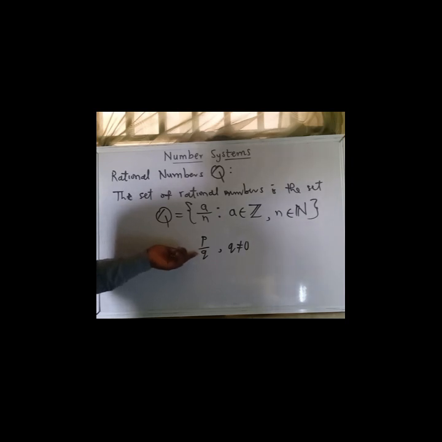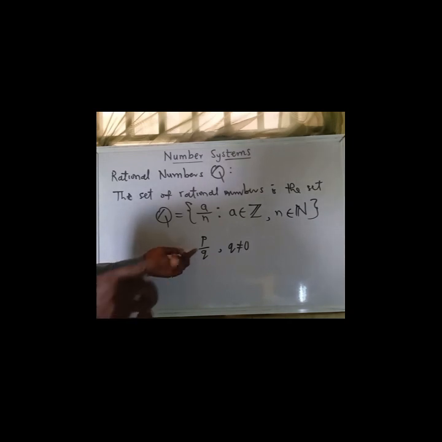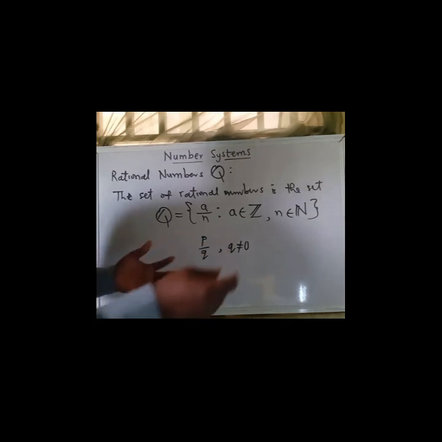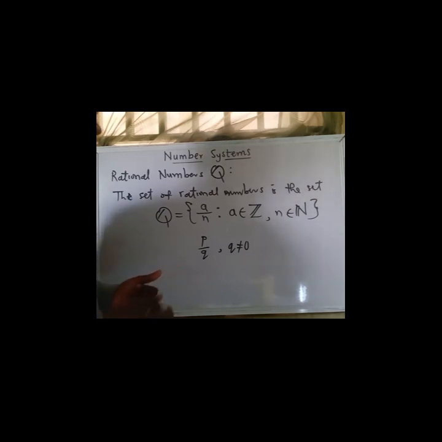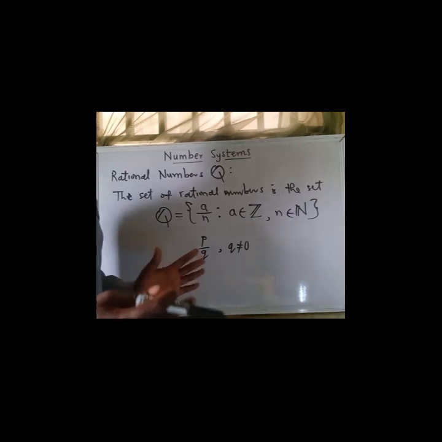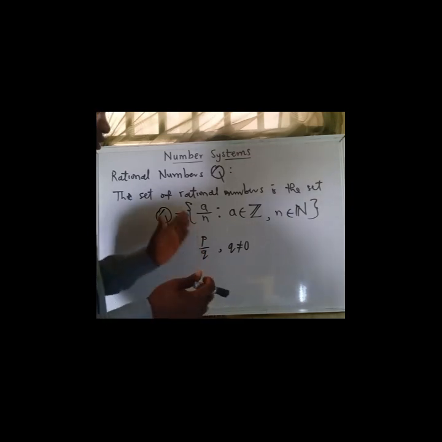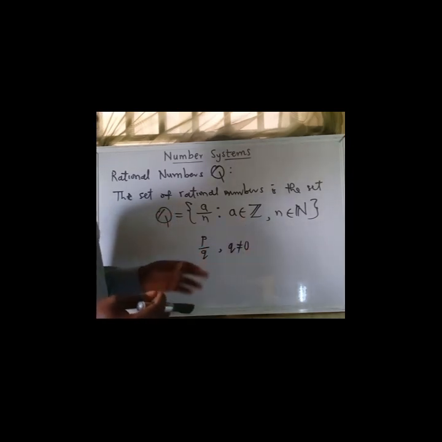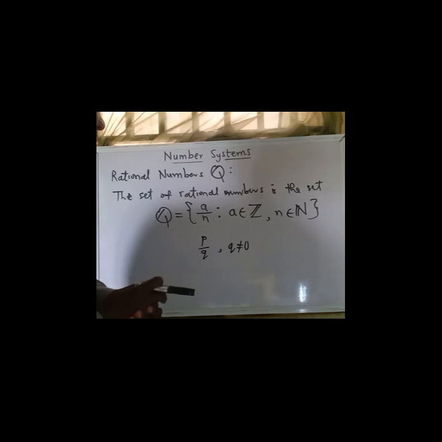And if we were to define this Q as they defined it earlier, this set of numbers would exhibit a lot of redundancy of rational numbers of the same kind. So in order to reduce some of the repetitions in the set, this definition is more appropriate.